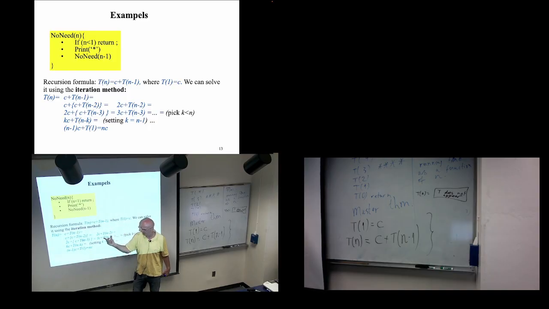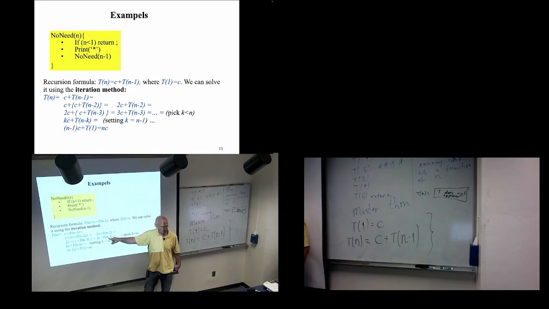Let's do one more step. T of n minus 2 is just the same constant, c, plus T of n minus 2 minus 1, making it n minus 3. And you already have from earlier this 2c that comes right here. So we are getting to 3c plus T of n minus 3.